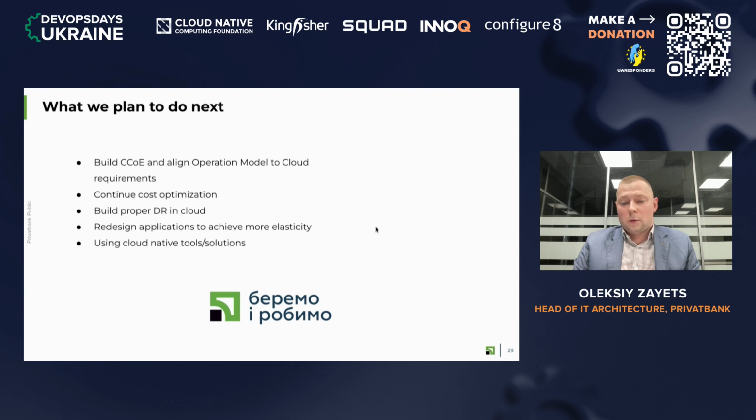Build a proper DR in cloud. We lifted and shifted our DRs as well, but now we are starting to redesign it and use it more efficiently. Redesign applications to achieve more elasticity. It's about auto scaling, using Kubernetes, etc., for legacy applications, and using cloud native tools and solutions to unblock and modernize our landscape.